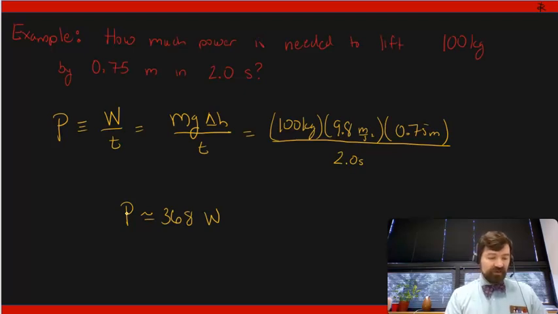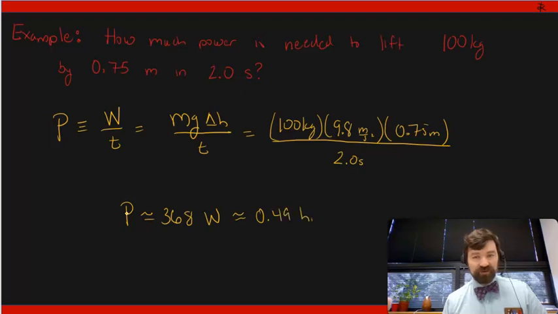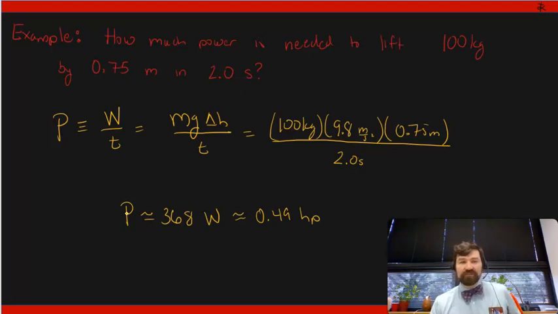If we divide that by 746, we get 0.492, so roughly 0.49 horsepower. Put differently, if you can pull this 100 kilograms, a complete deadlift in 1 second, then you're generating almost, though not quite, 1 horsepower.